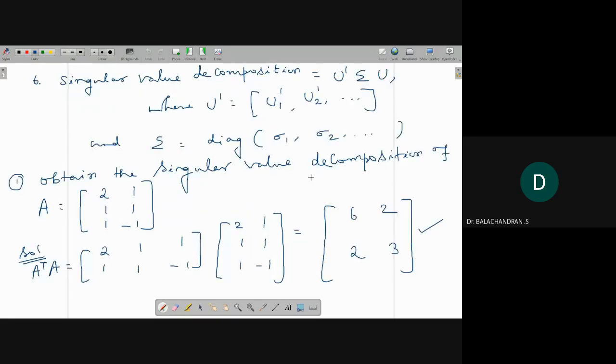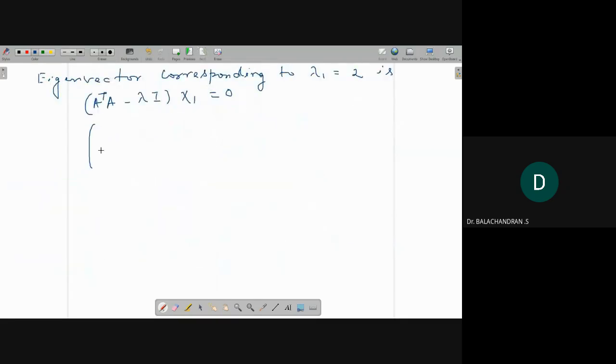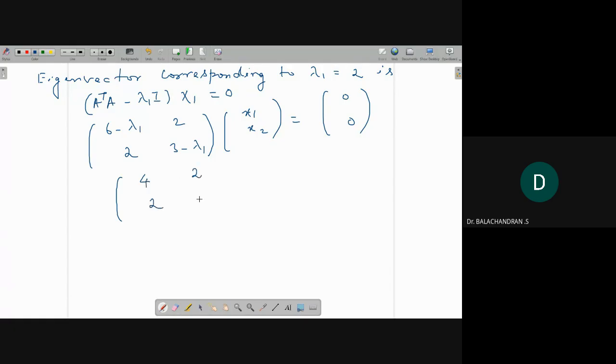It is 6 2, 2 3, into x1 x2 equal to 0 0. If you substitute lambda 1 equal to 2, you'll get 4 2, 2 1, into x1 x2 equal to 0 0.